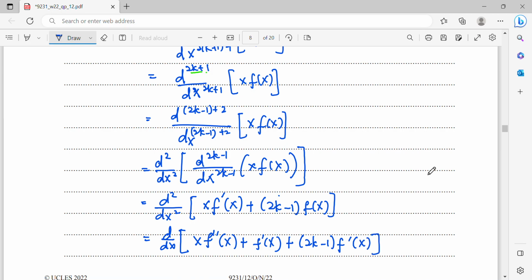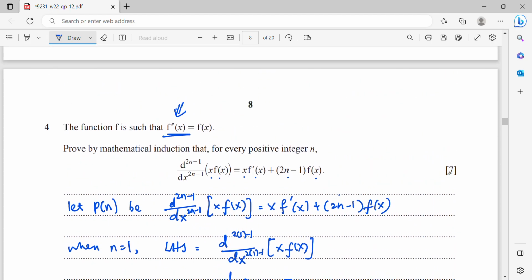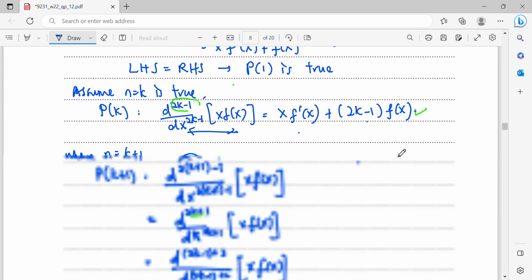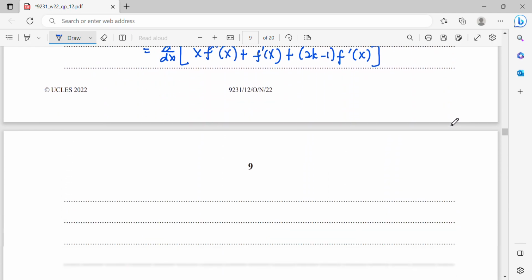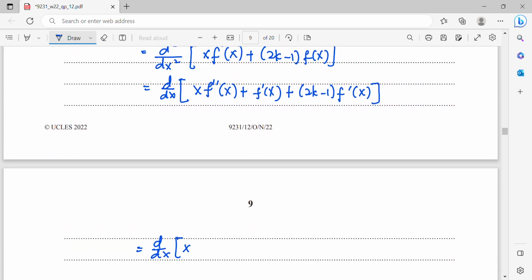Okay, and don't forget that you were given f''(x) is f(x). So I will rewrite. This is basically d/dx of x f''(x), and this f''(x) will be changed to f(x), plus f'(x), plus (2k minus 1) f'(x).